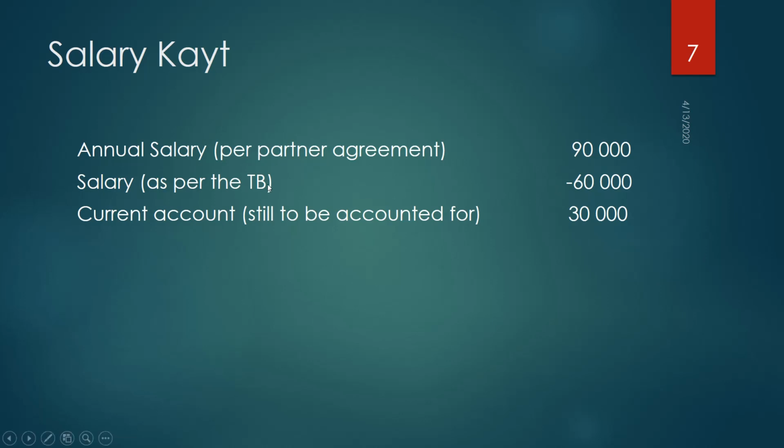Therefore, we're going to take the difference between what the partner is entitled to on an annual basis and deduct the amount that has been provided for as per the trial balance, and the remainder will be taken to the current account. Remember, Kite is entitled to earn 30,000, which has not been accounted for. This amount will be taken to the credit side of the current account. It is favorable to Kite, and it will be taken to the column of Kite in the note to the current account.